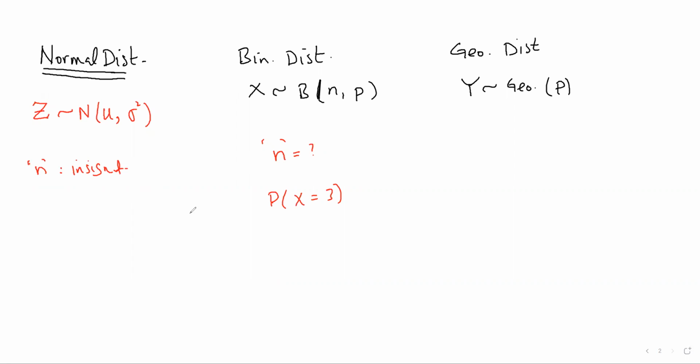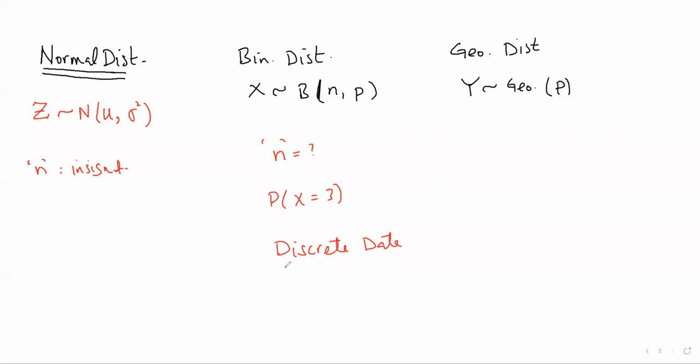Now, the second difference, you will know more about this. Just be a little bit patient here. The binomial distribution, and the geometric distribution as well, deal totally with discrete data. We cannot say that we have 2.5 heads when we are tossing a coin 5 times, or 3.68 sixes.